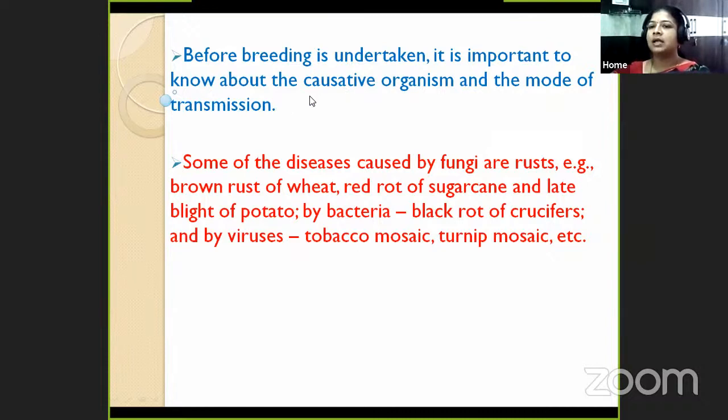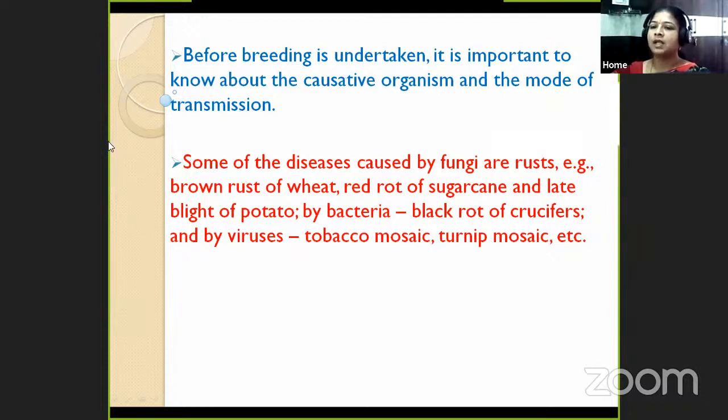First, the causative organism, whether it is a bacterial, fungal, or viral member. Second, the mode of transmission, how it is spread on the crop plant.